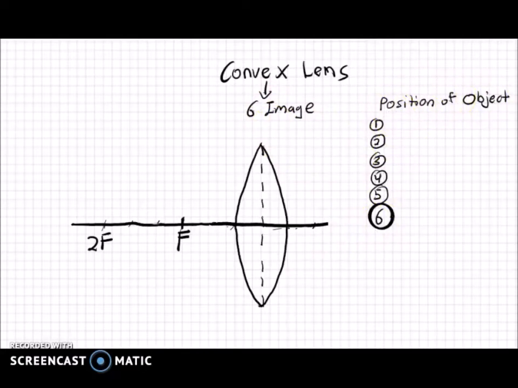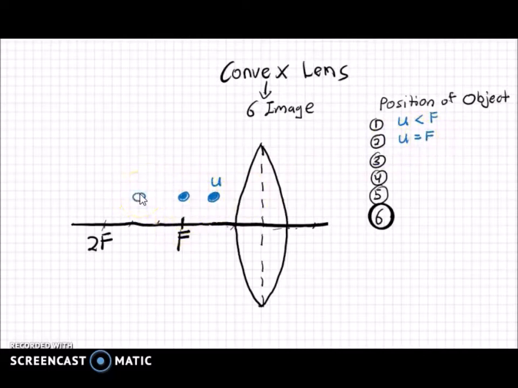The first position is when you have an object before this focus point, let's say this is the U, so U is less than the focus point, you have a different kind of image. The second position of the object falls exactly at F, exactly at this focus point.